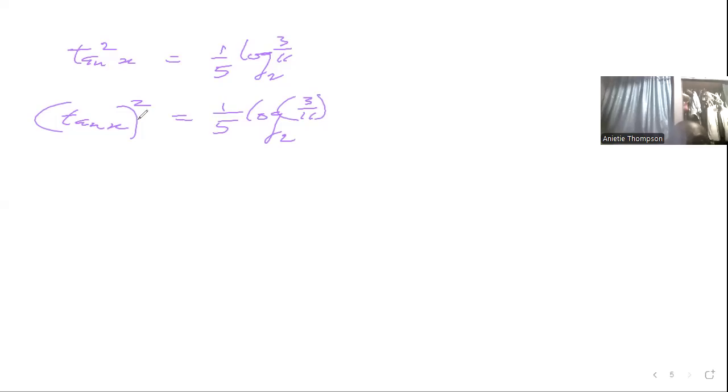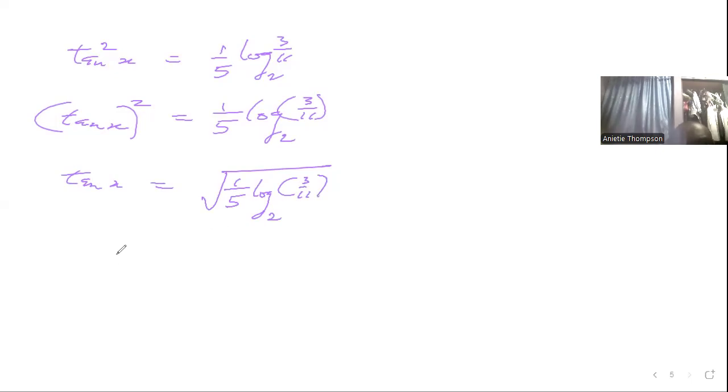And to remove the square, we introduce square root to both sides of the equation. So that can be tan x equals a positive square root of 1 over 5 log of base 2 of 3 over 11.